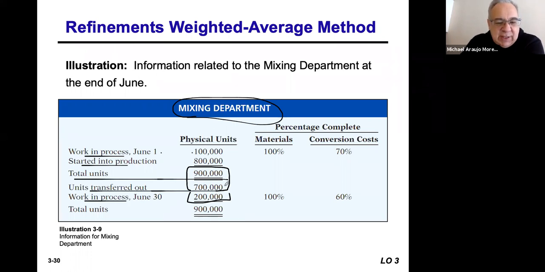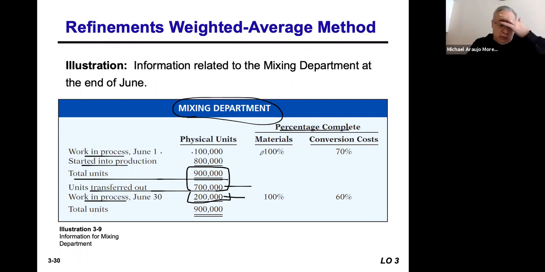So how you read this is this 700,000 is done, completed. And what we need to know is, of the 200,000 that are left, how complete are those? Because we need to compute an equivalent unit. Well, completion of a waffle in the mixing department is 2 things.